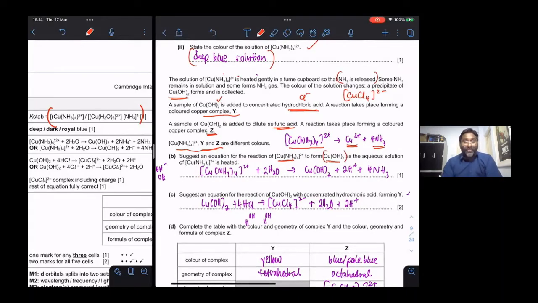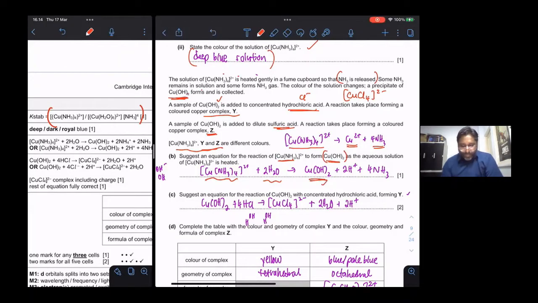In order to form CuOH2, because here I have ammonia, of course I need to have something over here that will give me the OH. That will come from water, so I just include water over here, and I am going to get CuOH2 like what they mentioned. So I put CuOH2. Why have I included water? Because I want to form this.